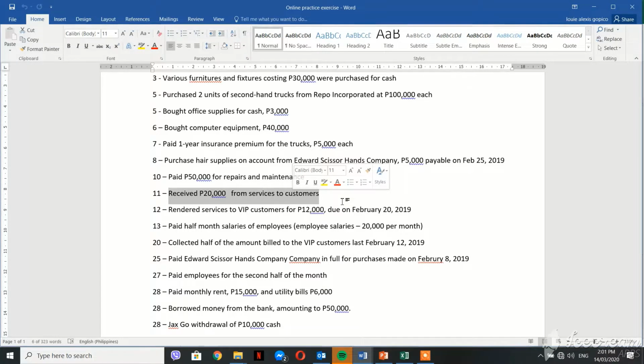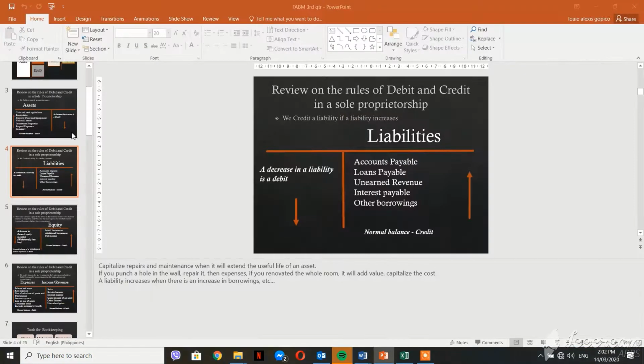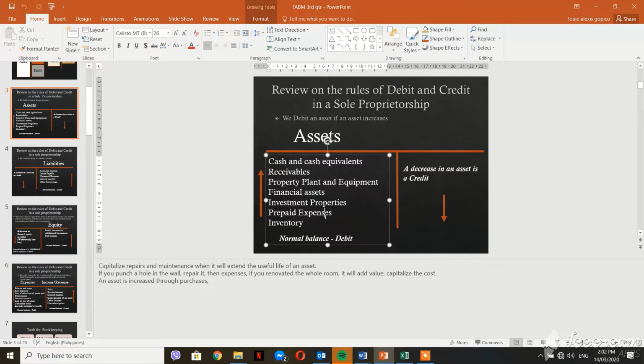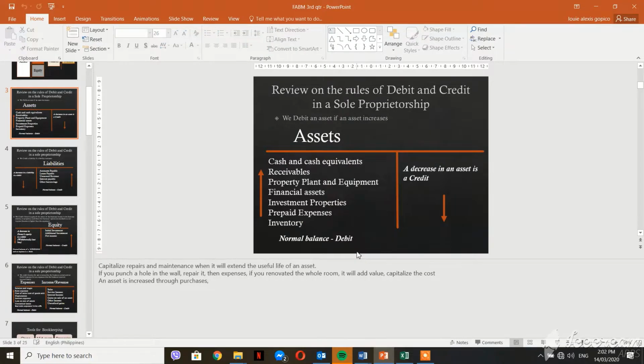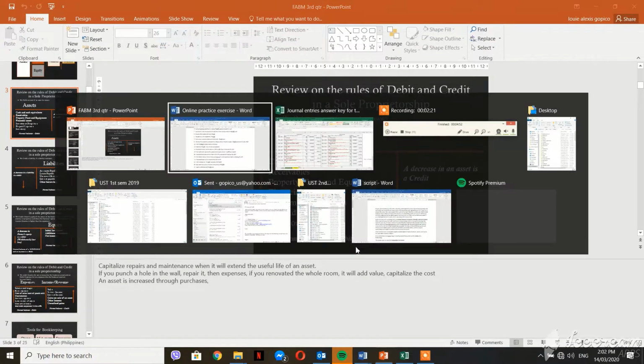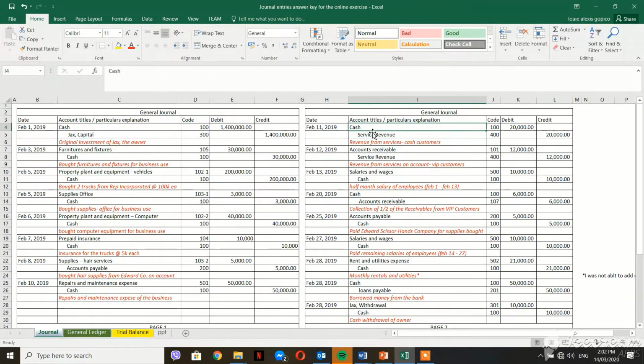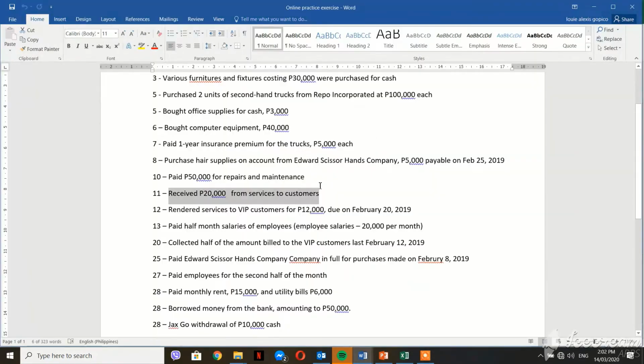What is cash? An asset. Again, what is an asset? If an asset increases, we debit the asset. Okay? Because the normal balance of cash is debit. Normal balance of asset is debit. Means that if an asset increases, we debit the asset. So we debit cash. And then it was mentioned that we render services.